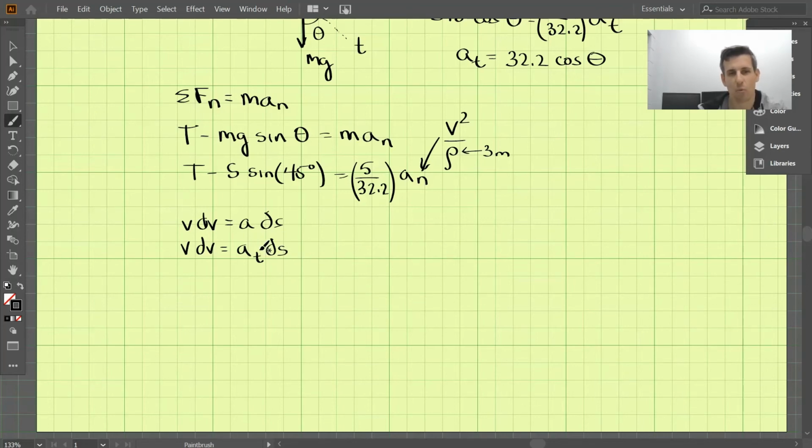All right. So what is this differential element ds here?